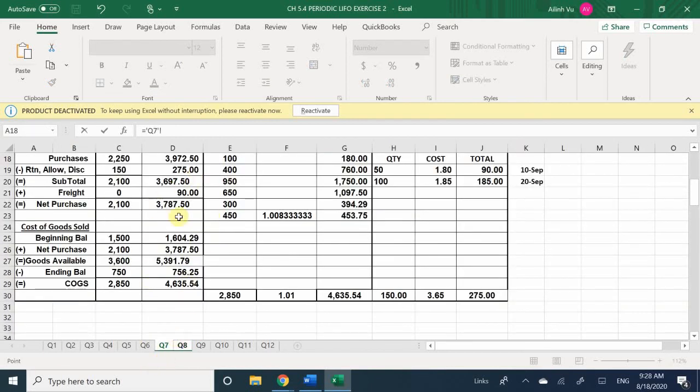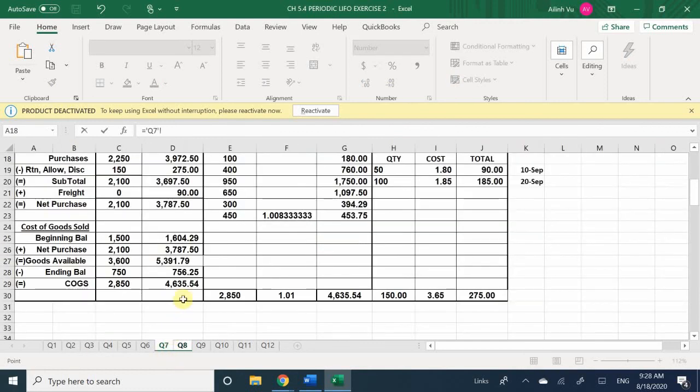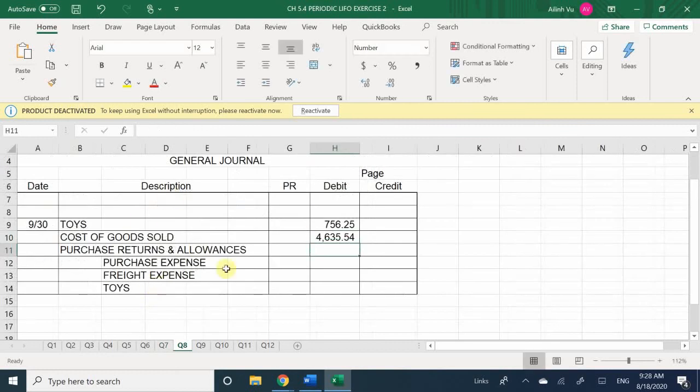What is my ending inventory? 756.25. Yes. What is my cost of goods sold? 4635.54. Yes. And what is my total purchase returns and allowances? 275.